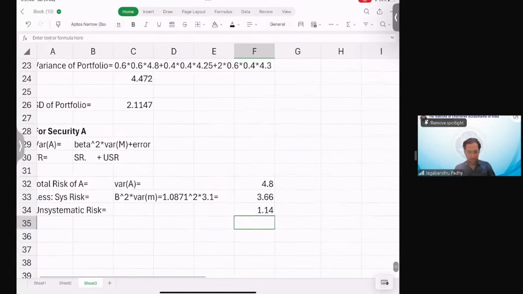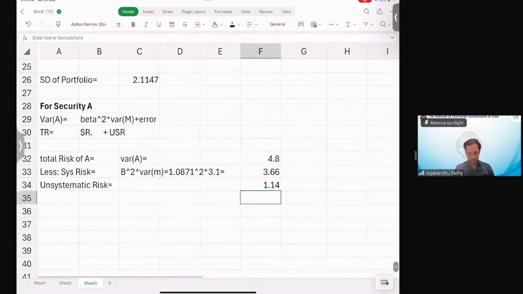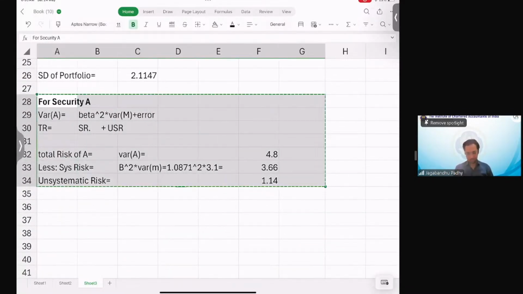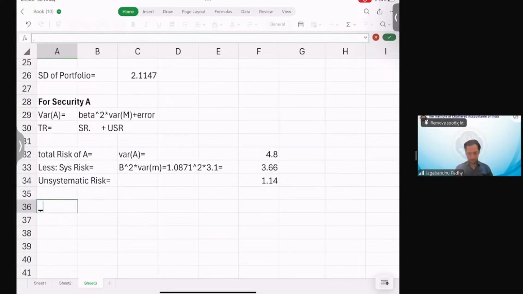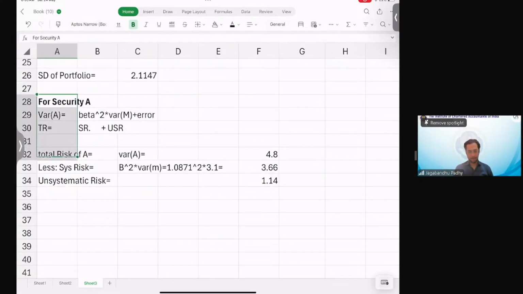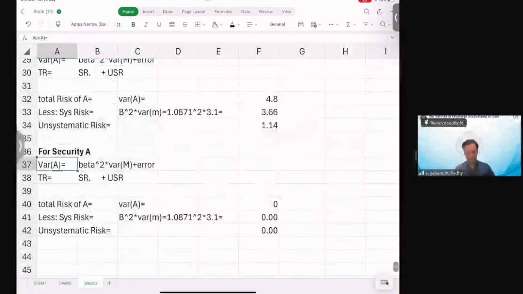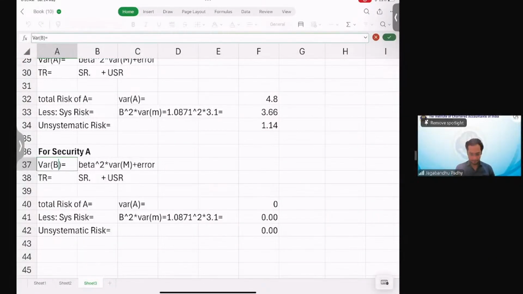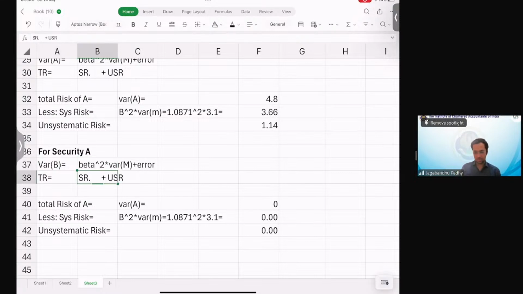For security B, you're going to have the same pattern. We talk of variance of B will be equal to beta square into variance of market plus error terms.